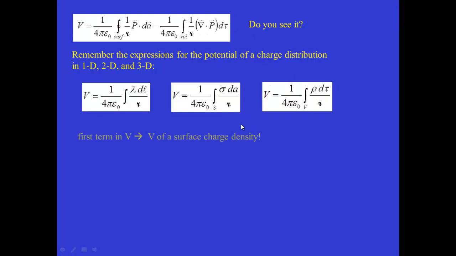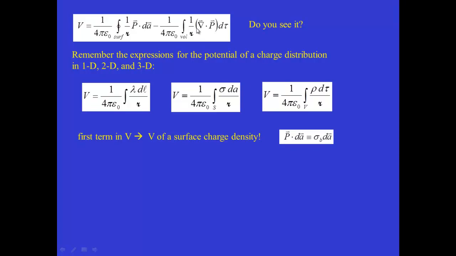All we have to do is make a couple of definitions to equate these terms. So this first term in V above looks just like the potential of a surface charge if we define P dot dA to be sigma dA. We just make that definition, and I'll call it sigma sub b for reasons that I'll explain in just a moment.